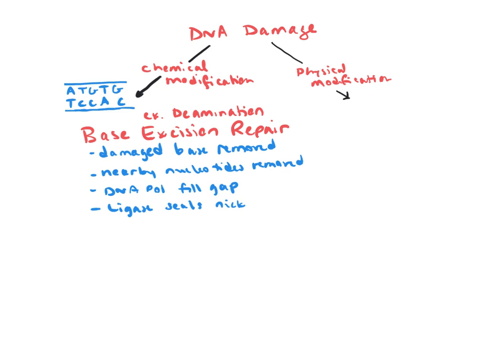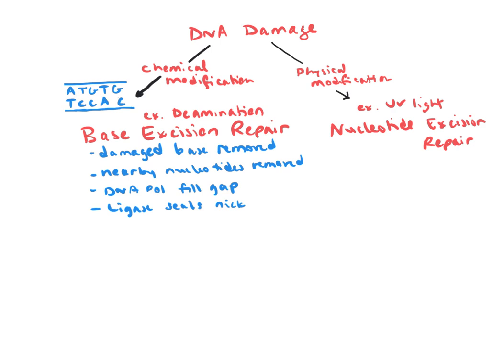So DNA damage can also occur through physical modification. So an example of this would be like UV light. And the way that this works is through a process called nucleotide excision repair. So it's a similar thing that's happening. It's just a different set of proteins that are helping to do the work.